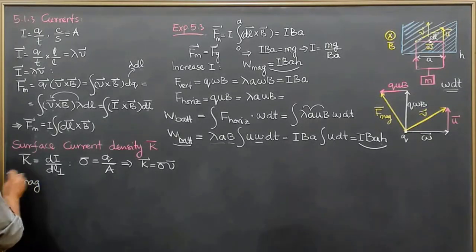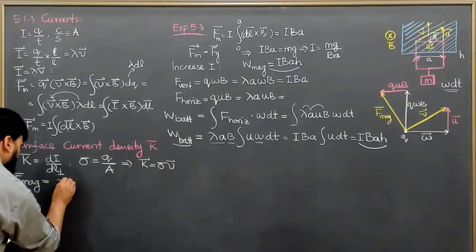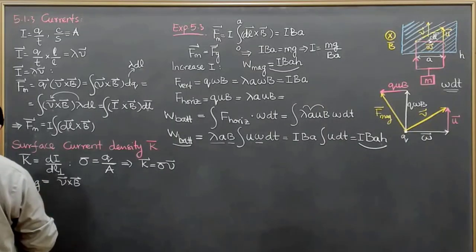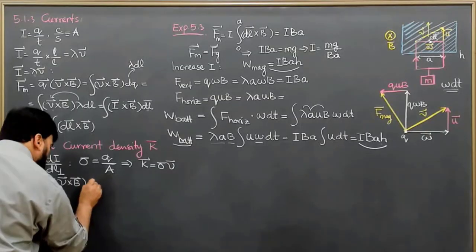The F magnetic is equal to v cross B, and this is sigma dA.